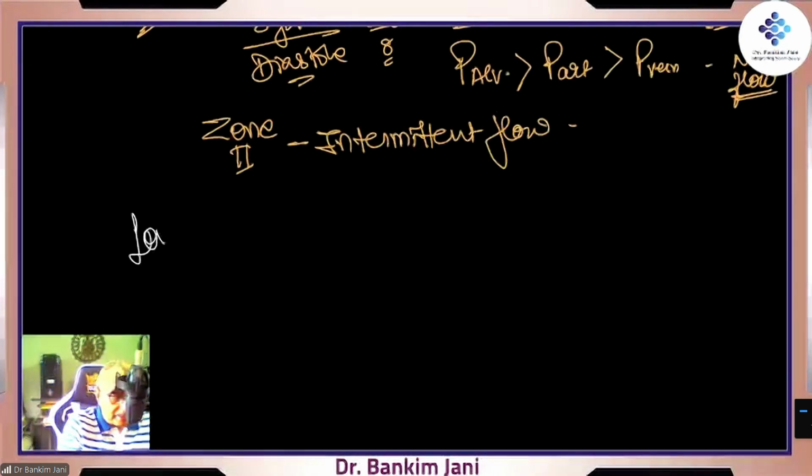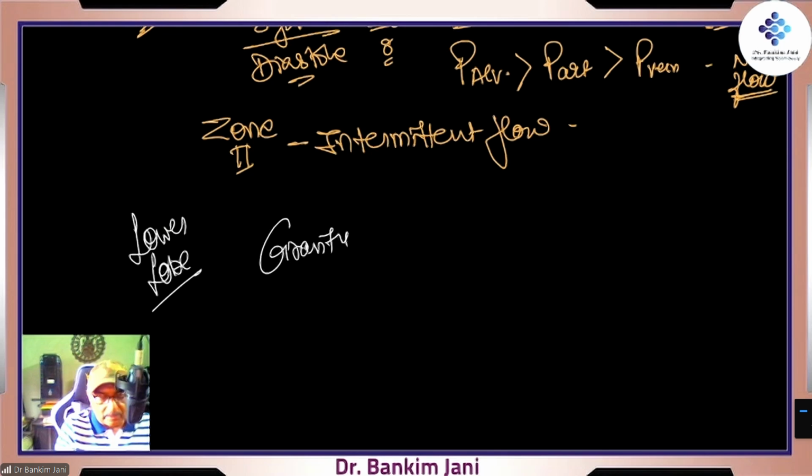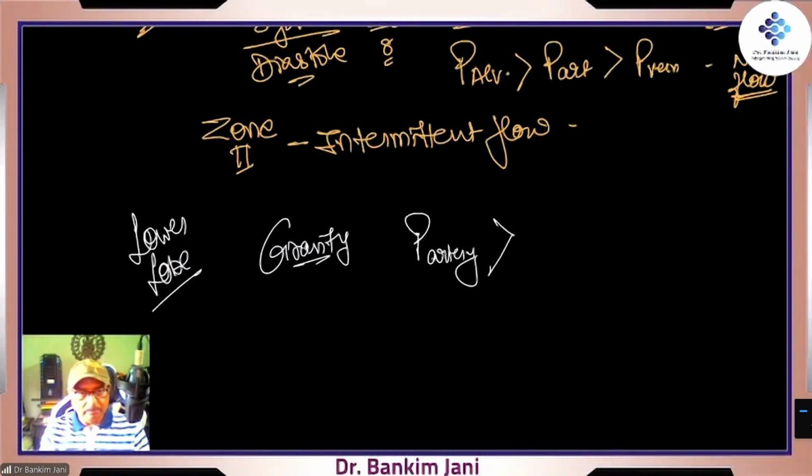Finally, over here, this is the lower lobe. They are standing, that's why. And this is where gravity comes into the picture. So gravity helps, and gravity helps tremendously. So over here, the pressure in the pulmonary artery would be maximum as compared to even the veins, and venous return would be better.